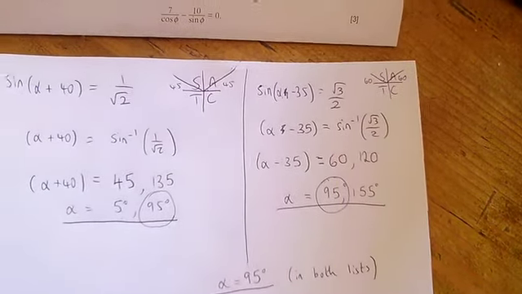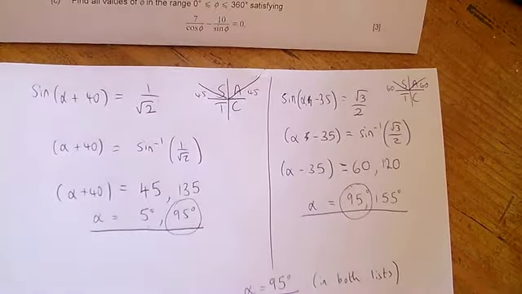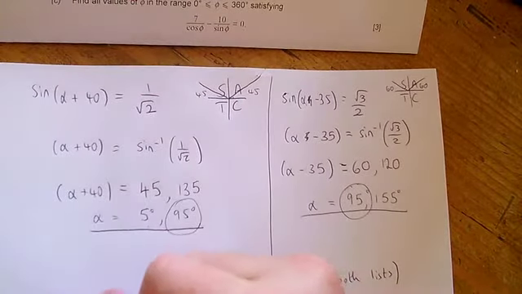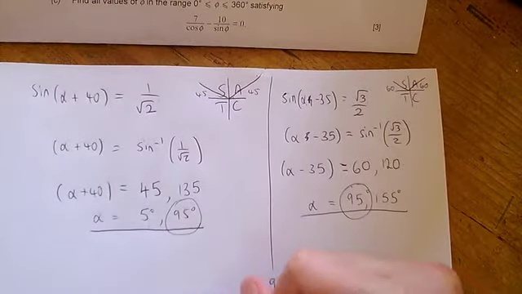Now part C, this is where the main errors were. This is where most people dropped 3 marks on this question. It said 7 over cos phi minus 10 over sine phi equals 0.